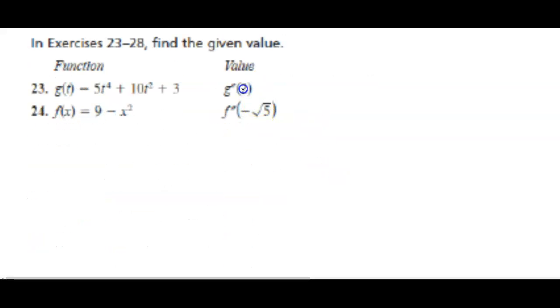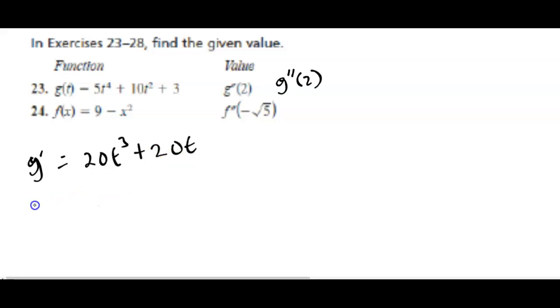Right here it says find the second derivative. I'm gonna just write a little clearer on it for you. So I need to find the second derivative of g. So g prime is 20t cubed plus 20t, and the second derivative is 60t squared plus 20.